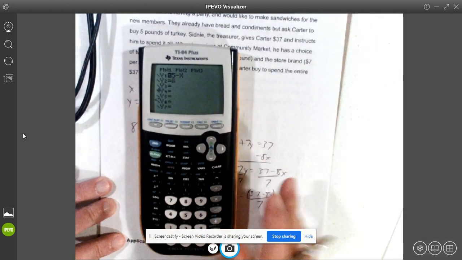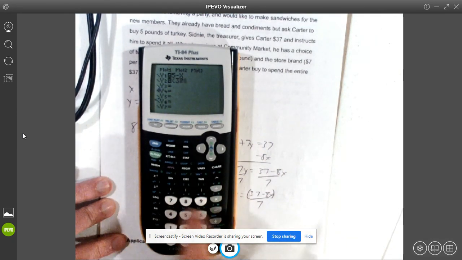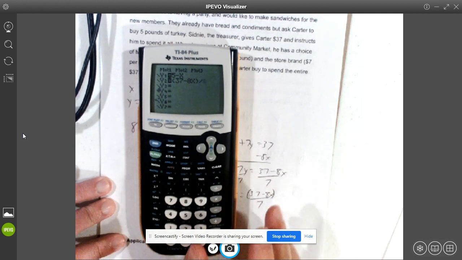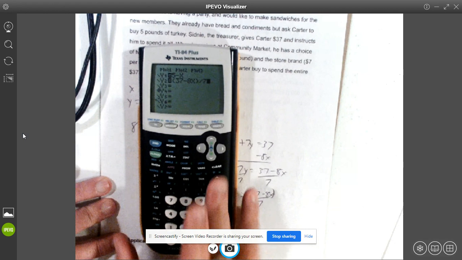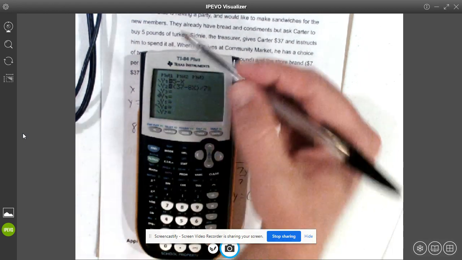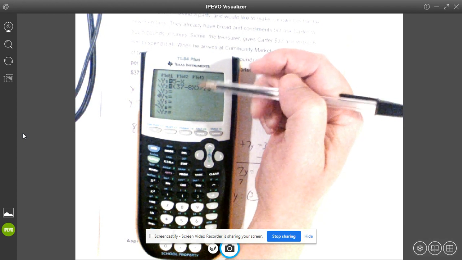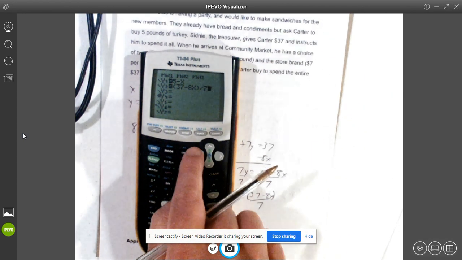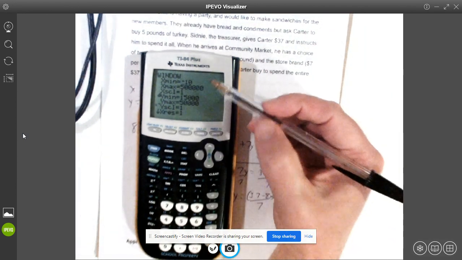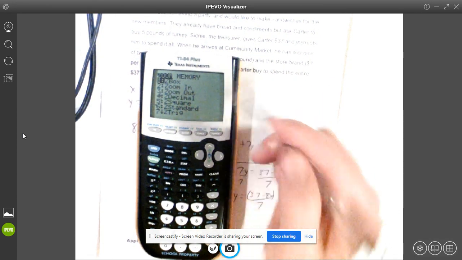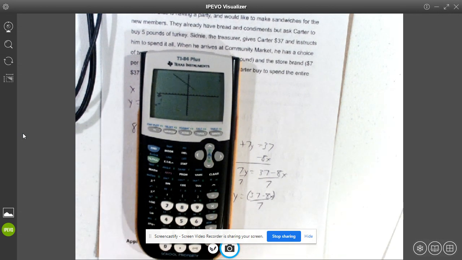So I do 37 minus 8X and then divide by 7. Now, I don't want to just hit graph here because the X and Y values would be in the hundreds of thousands. We don't want to do that. So I'm going to hit zoom, and number 6 there takes me to negative 10 to 10.